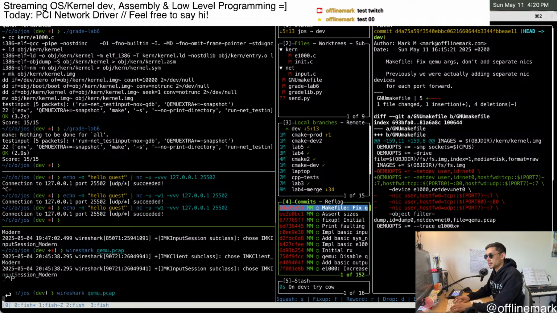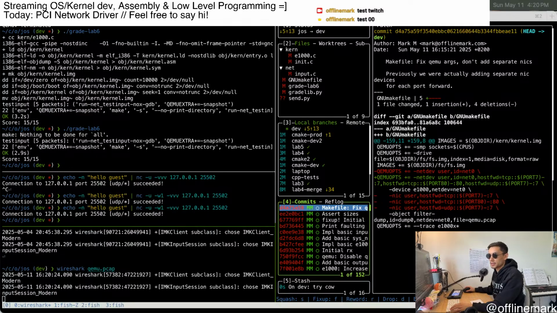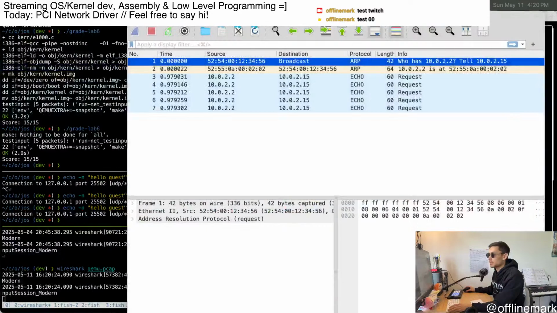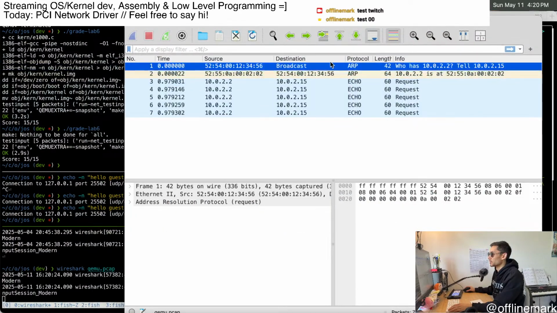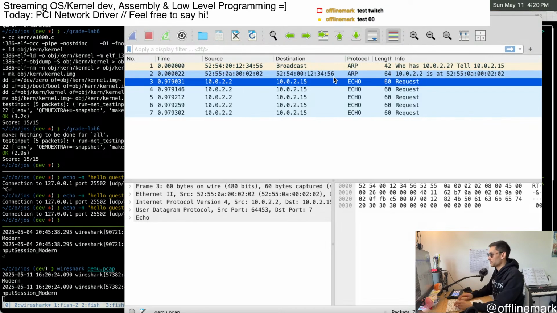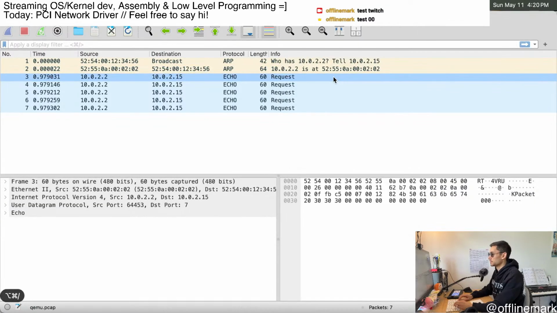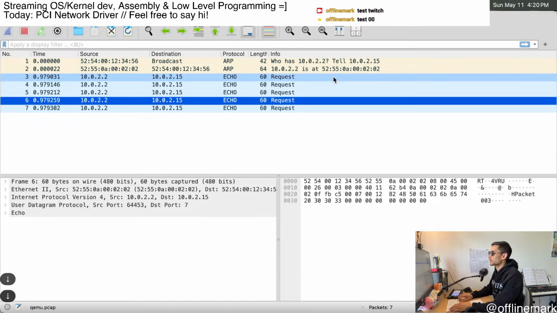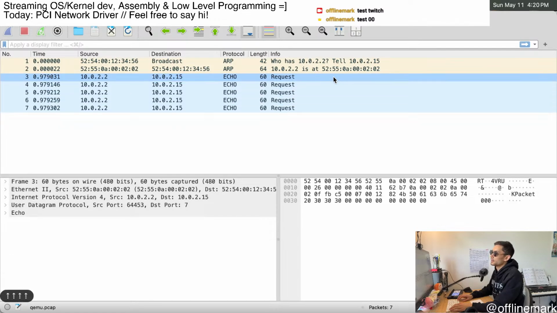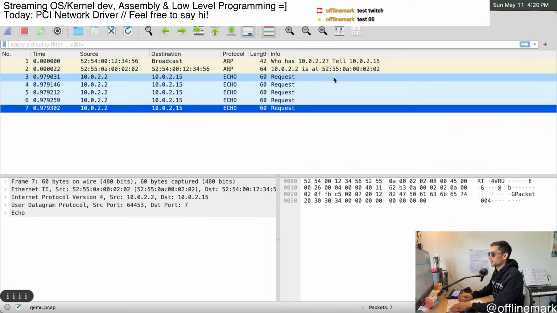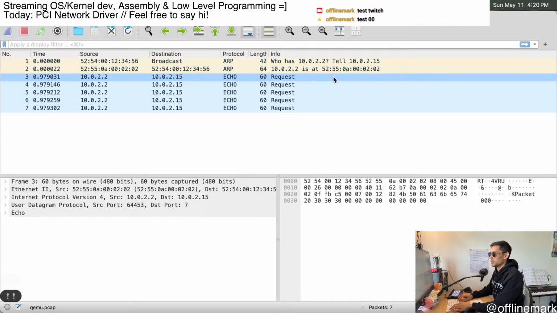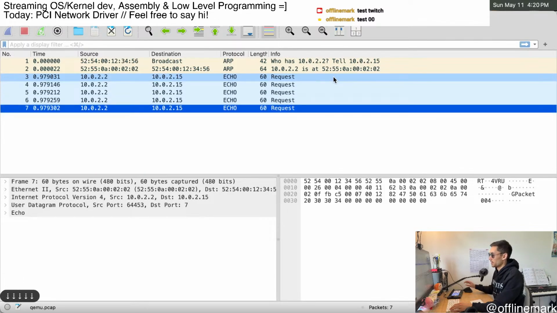Just out of curiosity, what does Wireshark say? In Wireshark, we can see the initial ARP request and reply, and then it's basically a bunch of UDP packets with this packet string in there.